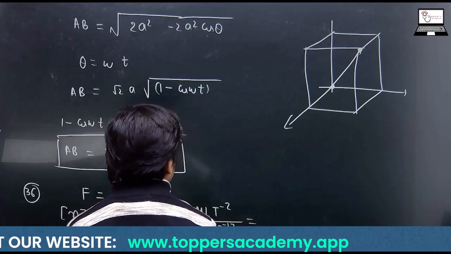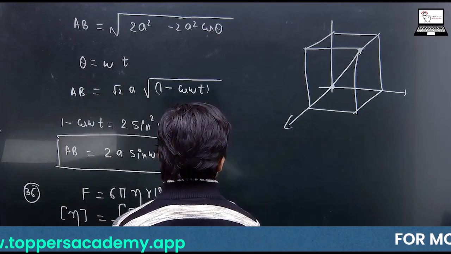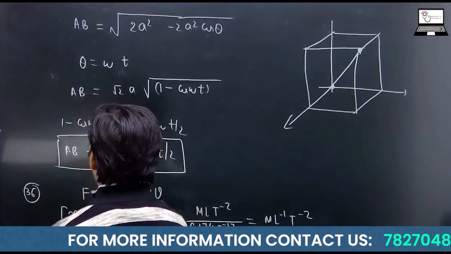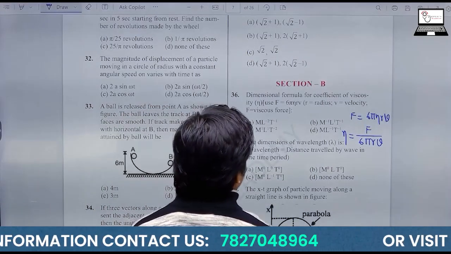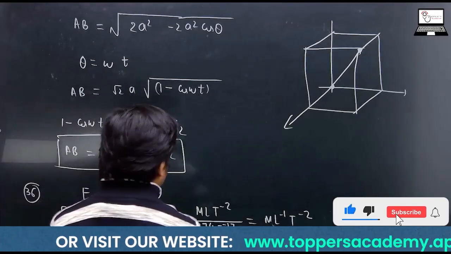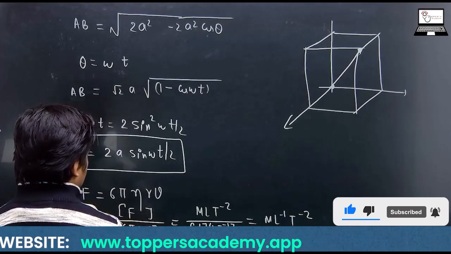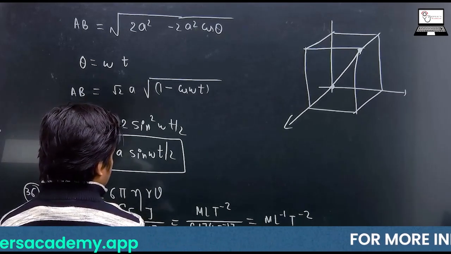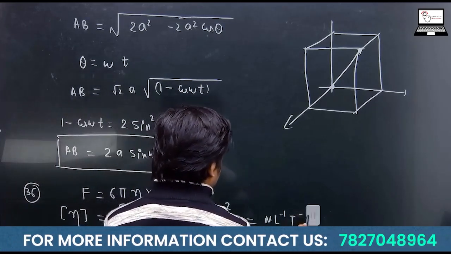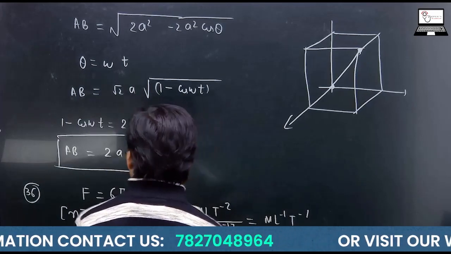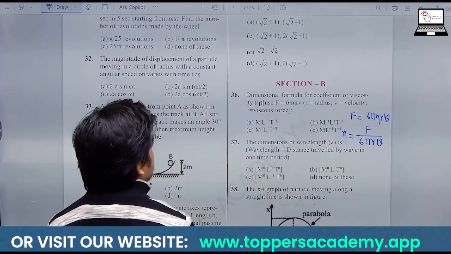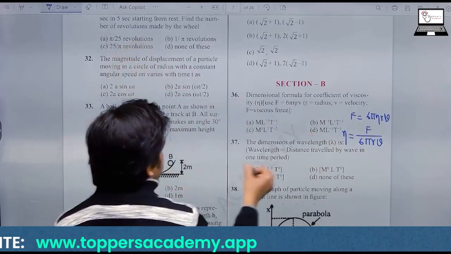So you get MLT minus 2 divided by L squared T minus 1, so ML minus 1 T minus 1. D is the answer. So the right answer is D.